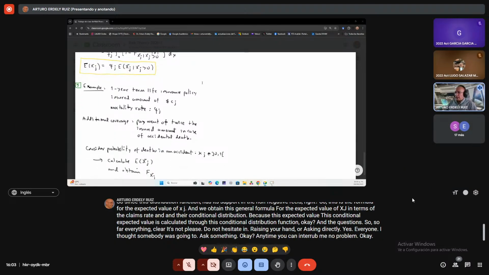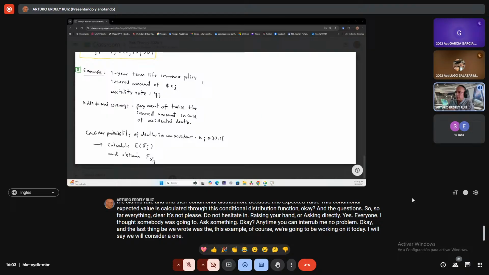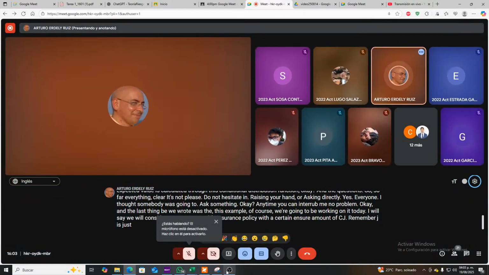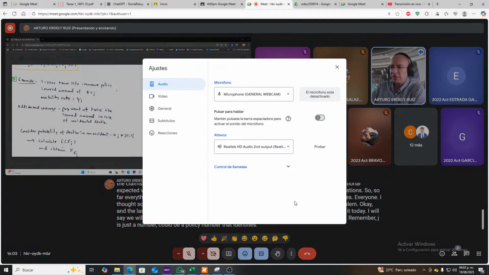Okay, and the last thing we wrote was this example. Of course, we are going to be working on it today. And we said we will consider a 1-year term life insurance policy with a certain insured amount of CJ. Remember, J is just a number, could be a policy number that identifies a particular client.